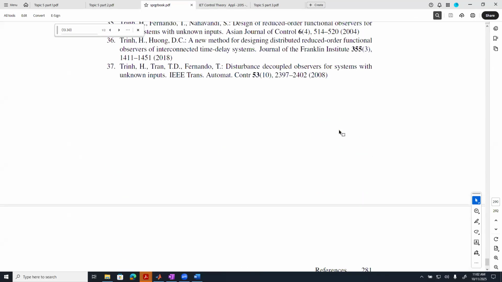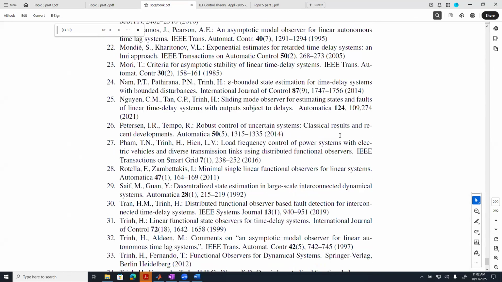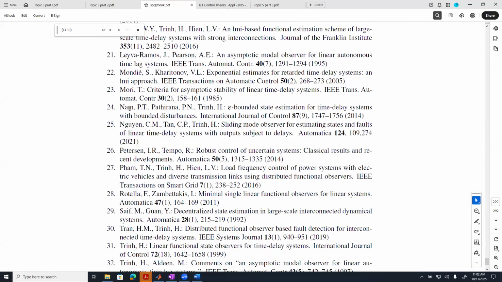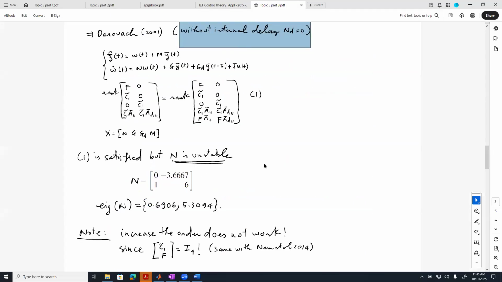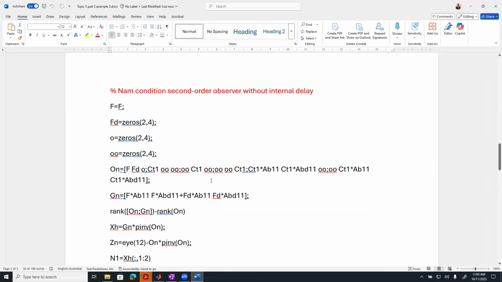In this reference, we introduce an additional delay term in the observer, and then we show that it is less conservative than the Rouge condition. But still, in this reference, when it comes to realizing an observer without internal delay, it also doesn't work.